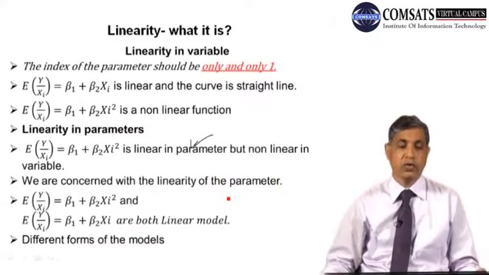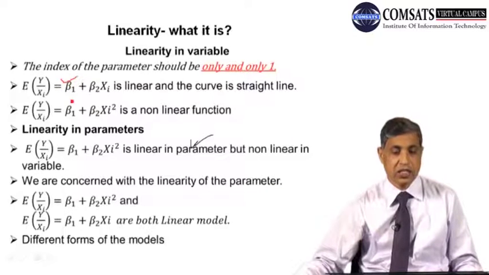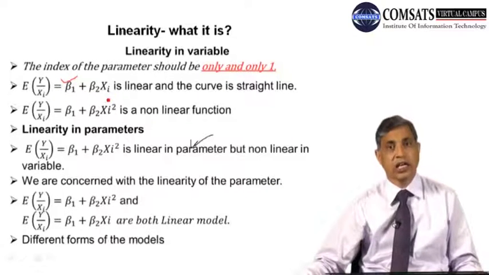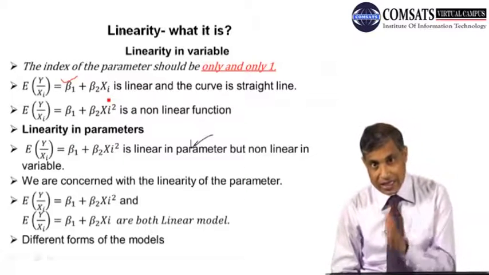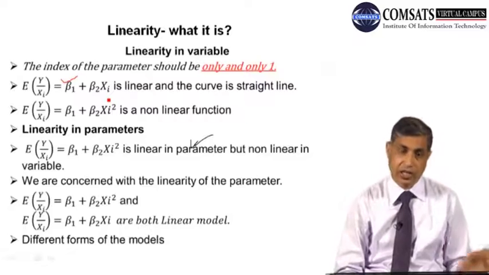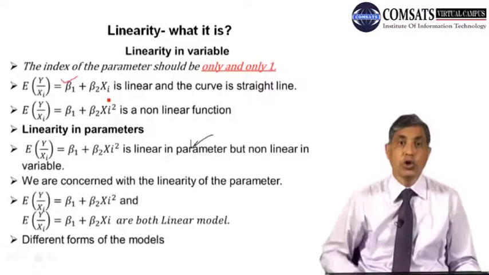So again, going back, if you look at this model, you will come to know that it is linear. Looking at the right-hand side, there are parameters as well as the independent variable: beta 1, beta 2 and x.